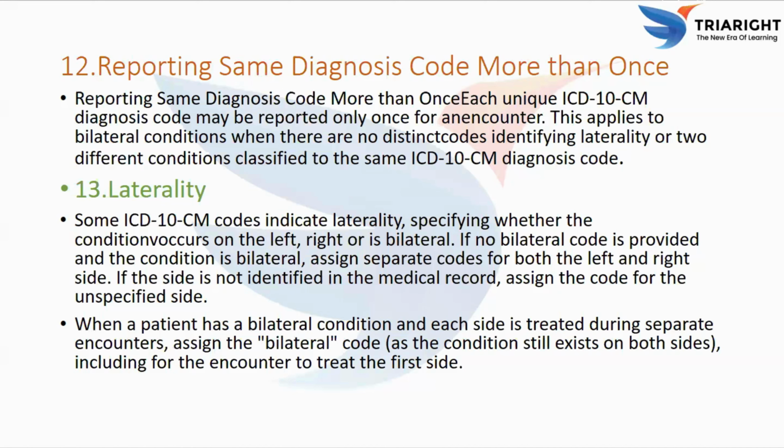For example, if there is one code for otitis media, which means an ear infection, and it does not specify left or right, you have to report it only once, even if both ears are affected.